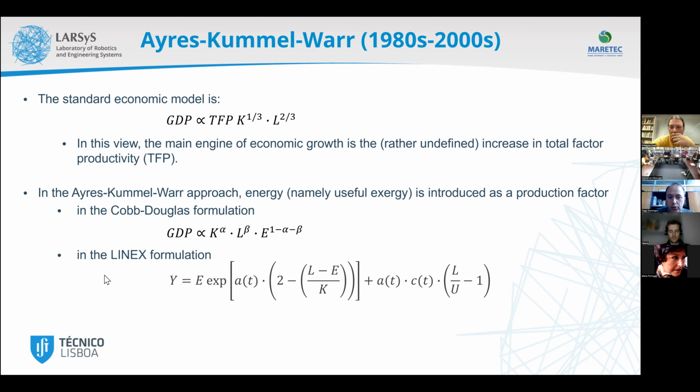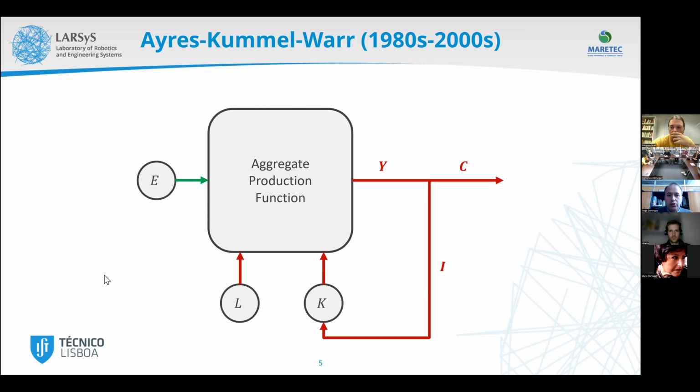And so whenever you introduce energy in these equations, whenever you introduce energy in the aggregate production function, but in a form which is at the useful stage, you are doing something inconsistent, because you are putting energy at the useful stage as if it was a primary factor of production.